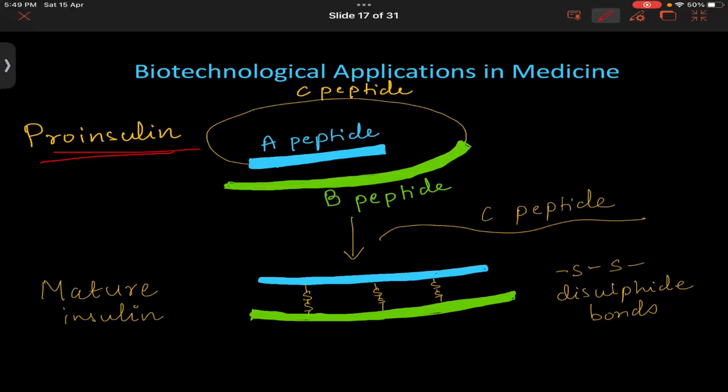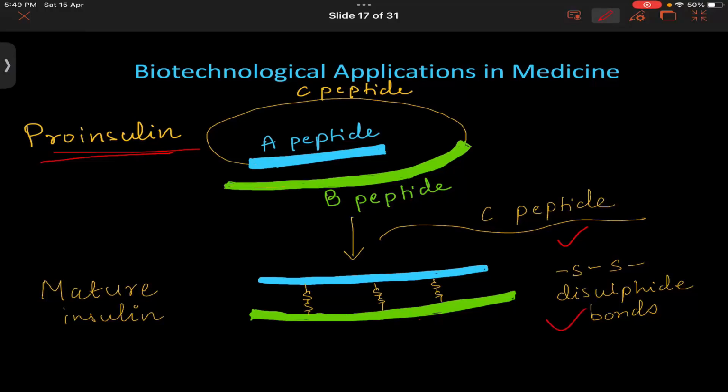There are three peptide chains, A, B, and C. The A and B peptides are linked by another peptide called the C peptide. Now, after the removal of this C peptide, the A peptide and B peptide are linked together by a disulfide bond.